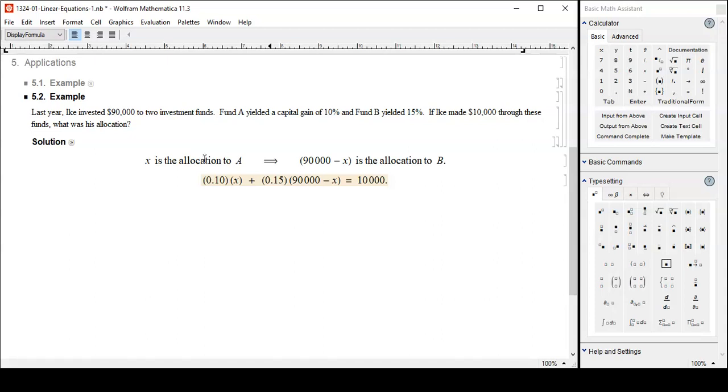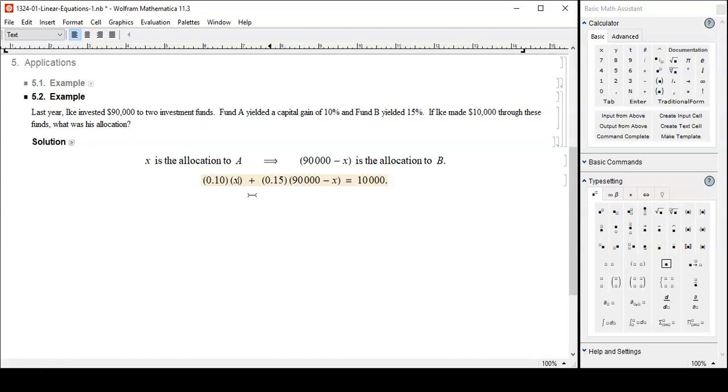Does it make sense? This much came from Fund A. X was allocated to Fund A, and then the yield was 10%. So 10% of the allocation. So the fund went up by 10%.